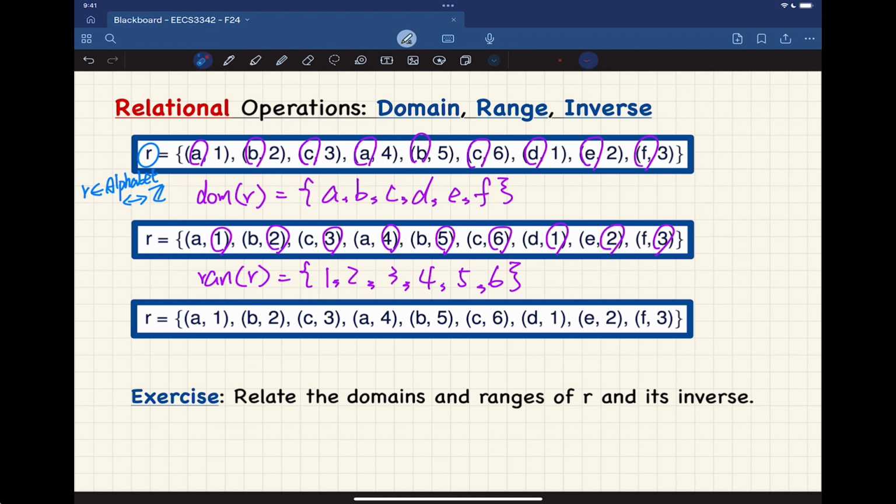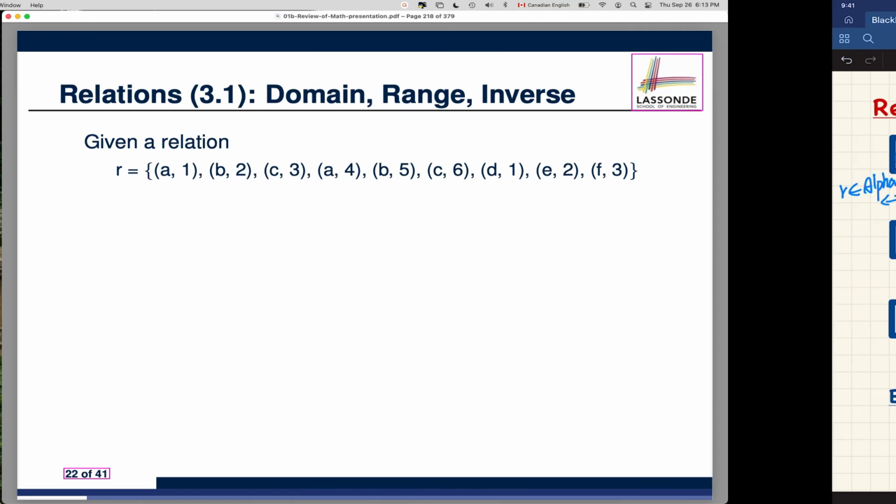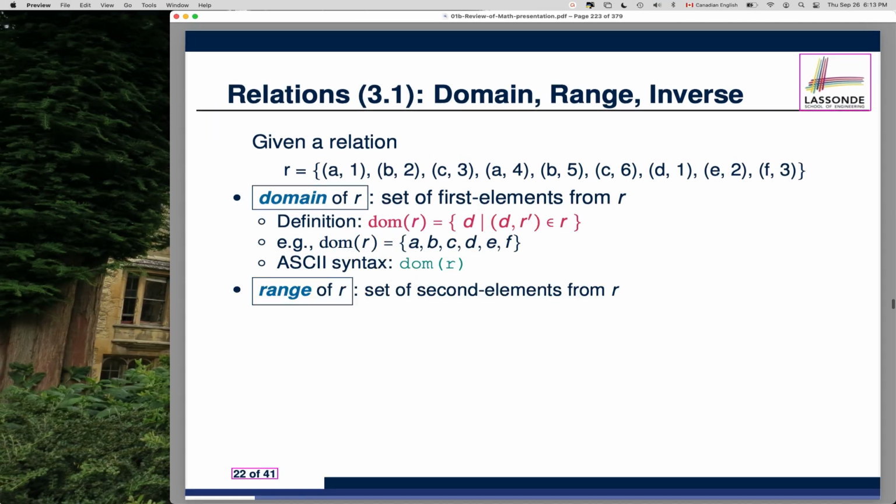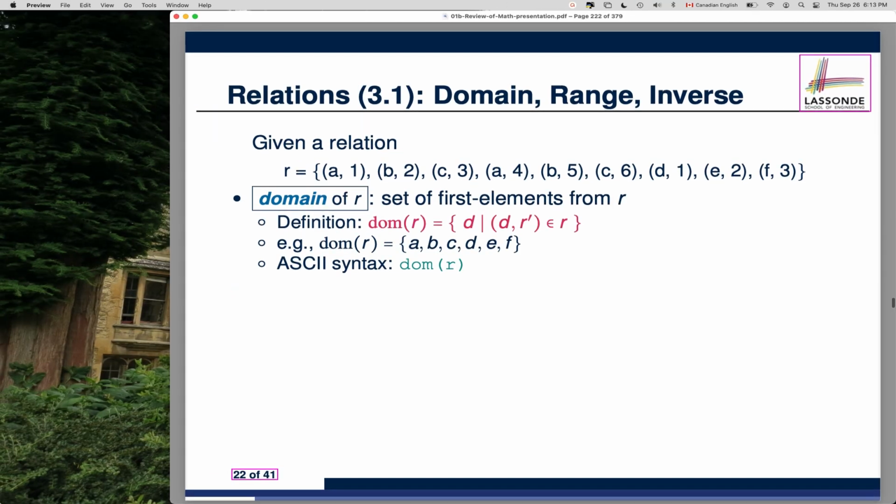And what about inverse? R here, inverse. I'm pretty sure you saw the inverse in lab number 2, right? In case you don't know what it is, now you will know. If you look at the definition on the slides, oh, by the way, for every relational operator, you will also see the ASCII syntax. That's what you have to type in Rodin.